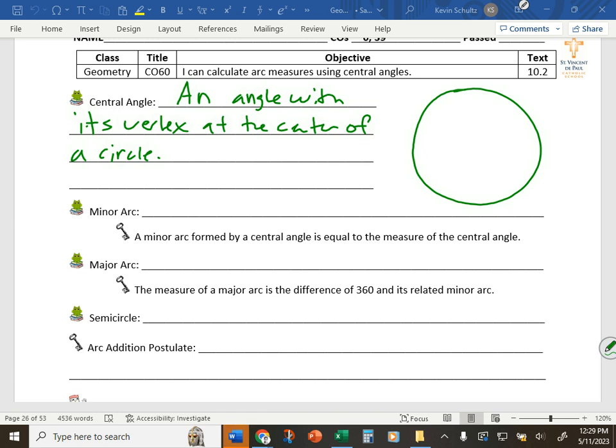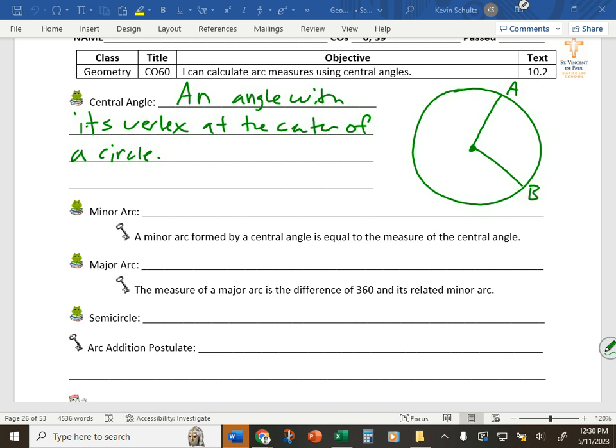So go ahead and draw a circle in that open space. And then in the center, as best you're able to, put a dot. And then draw an angle, coming out like this, coming out like that. And label the endpoints A and B.